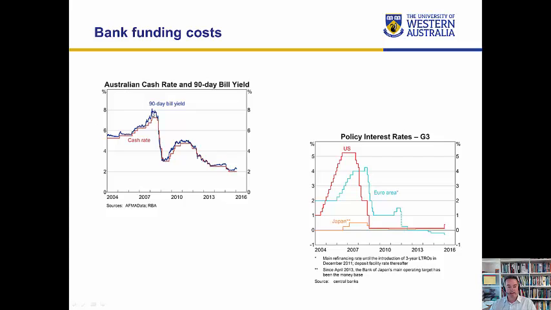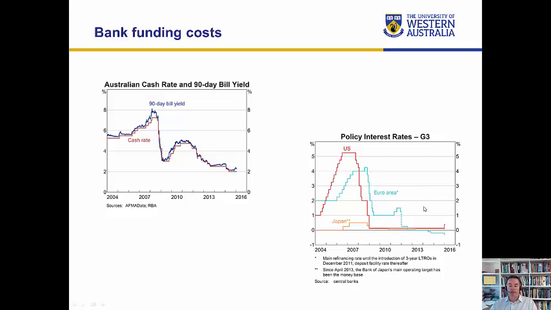Because you've got that substitutability between these two markets, interest rates in these markets don't get too far out of line. So when the central bank changes the cash rate, they're actually changing the interest rate that banks pay on their borrowing. And in turn, the banks then pass these interest rate changes on to their customers by changing mortgage interest rates.